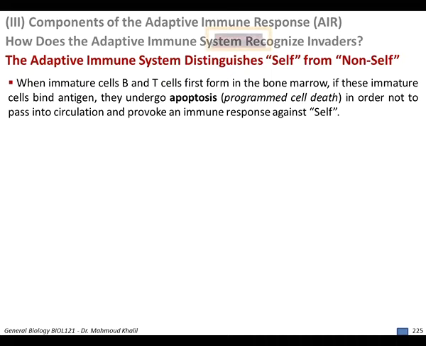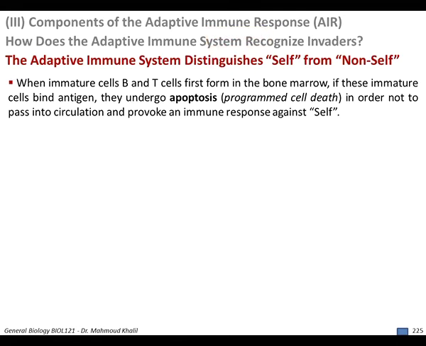So how does this occur actually? As we said earlier, B and T cells generally first arise in the bone marrow. While they are immature, the B and T cells first form in the bone marrow. If these immature cells can bind our own antigen, our own protein, or can recognize our own self components, they undergo apoptosis.